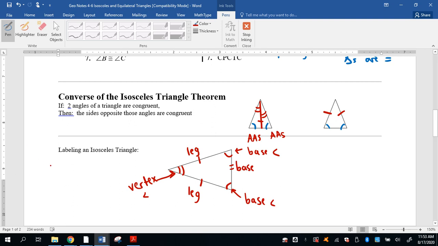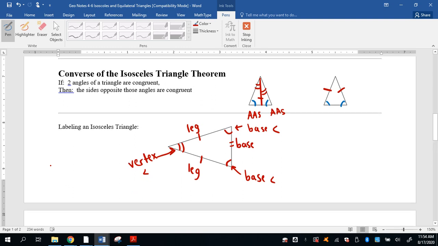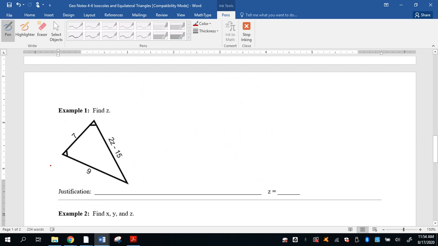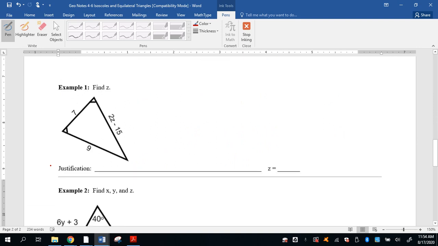Let's go to the back side and do some algebraic problems based on the isosceles triangle theorem and the converse of the isosceles triangle theorem. Number 1, we are given in a triangle, base angles are congruent. Therefore, by the converse of the isosceles triangle theorem, it is an isosceles triangle. So those opposite sides are congruent.